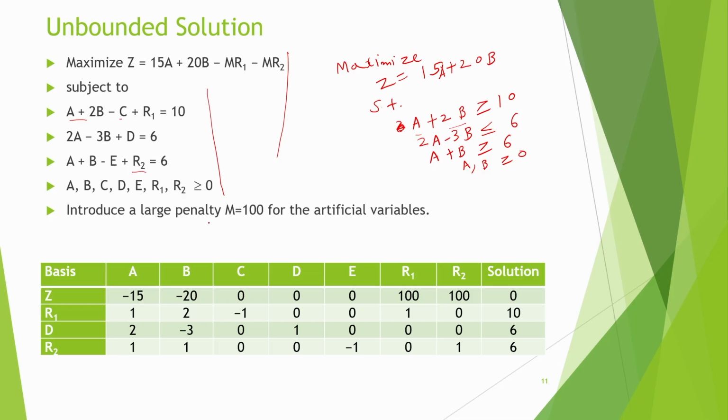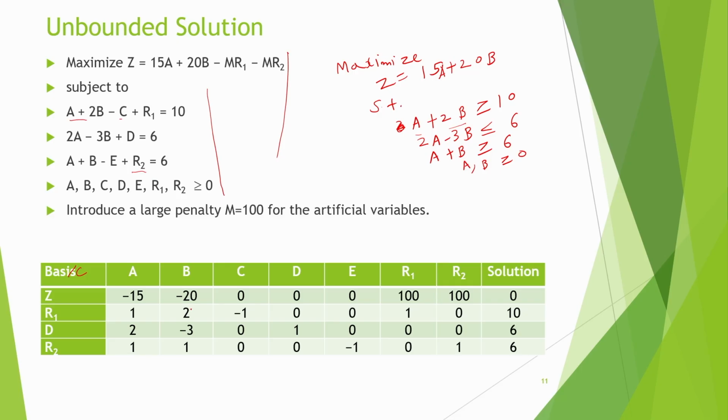Now by solving it with the big M method, you can use M equal to 100. 100 is much bigger than 15 and 20, so you can use that. Now I am using the basis, and a, b, c, d, e, r1, r2 are written like that. There is no need to write the z column, that is hardly of any use, but some people write that also.